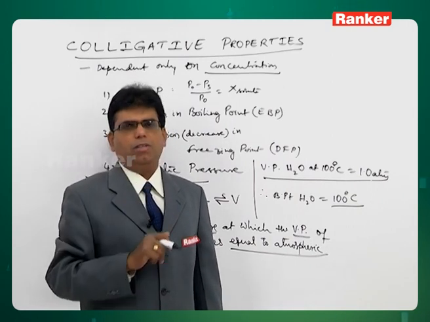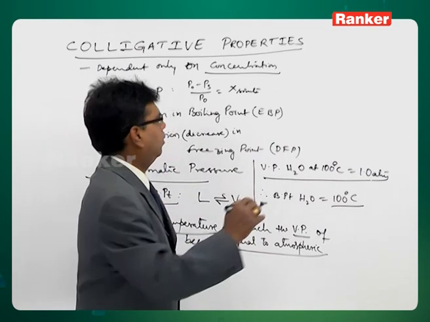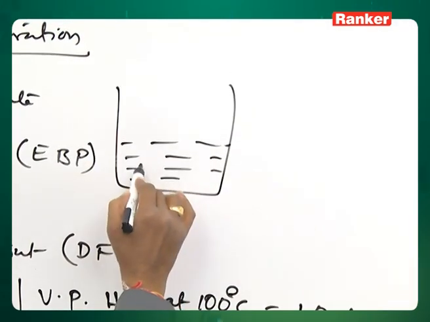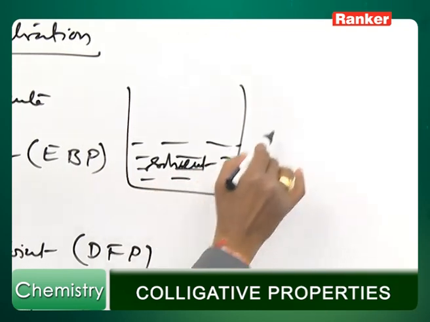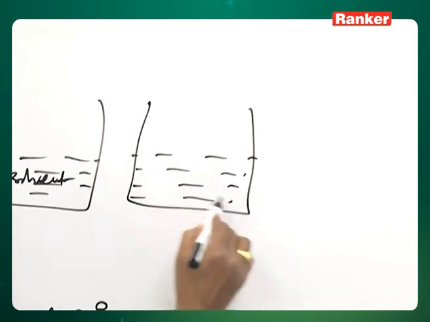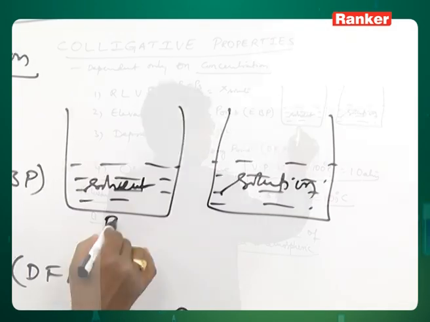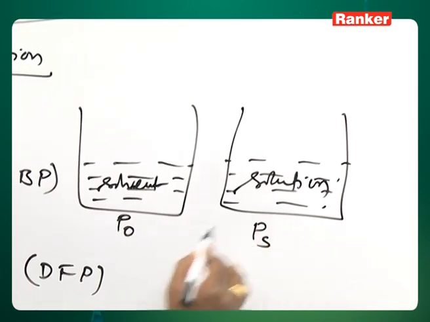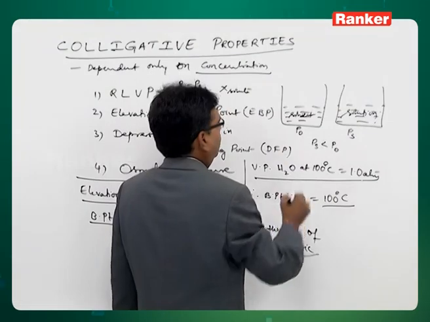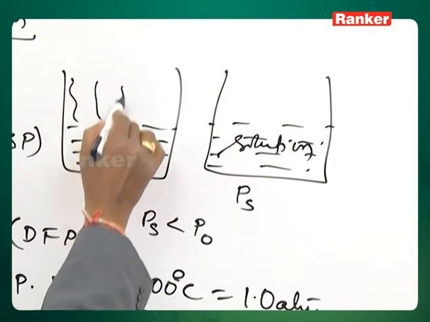So compare a pure solvent and a solution. The solvent vapor pressure is P naught, the solution vapor pressure is Ps, and Ps is less than P naught.